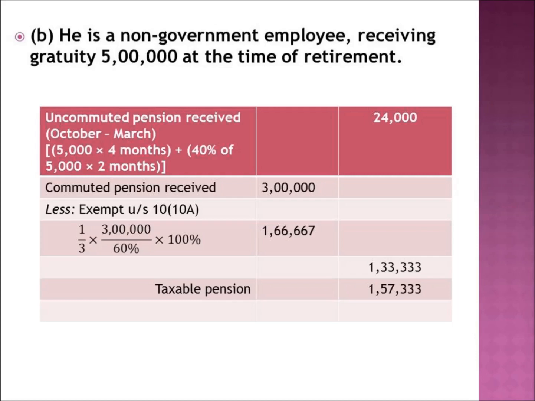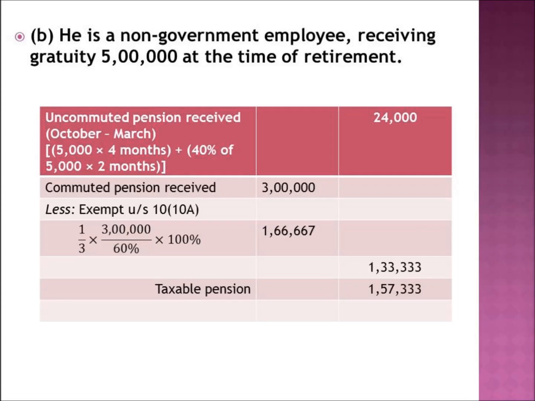Now comes the difference. In the previous case, the total commuted pension received by the employee was exempted since he was a government employee. But now in this case, he is a non-government employee in receipt of gratuity. So in this case, the provision for taxation is that the amount of exemption will be 1/3 of the total amount of commuted pension had I commuted my total pension.